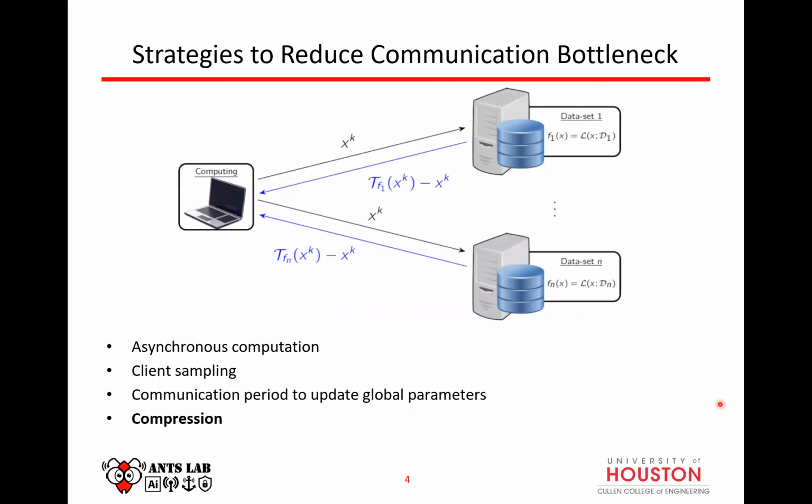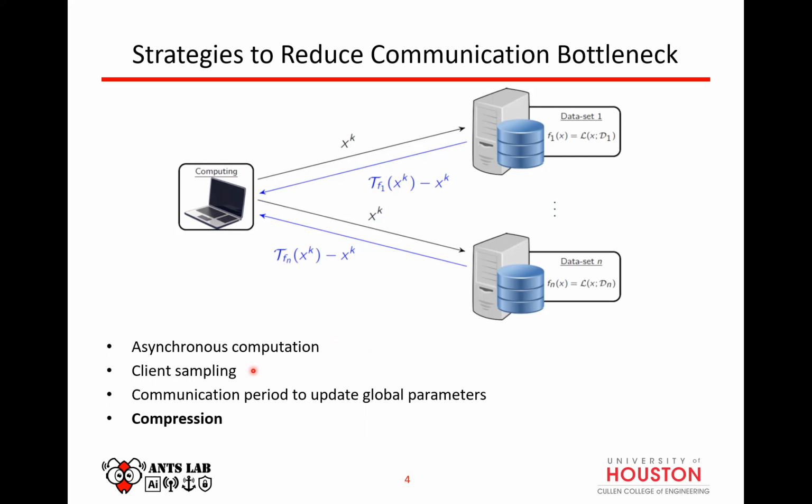There are several strategies that we are aware of from the existing literature to reduce this kind of communication bottleneck. One is to use asynchronous computation, where the server does not wait for each model update to arrive, but has its own strategy for asynchronous computation and communication. Or the more popular algorithms like federated averaging do client sampling, where not all the participating devices take part in each round of communication or training.